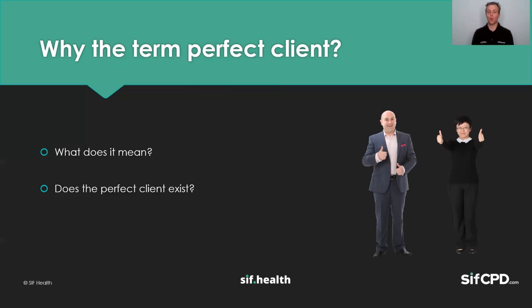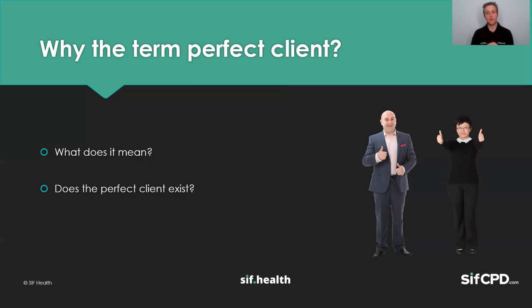So, why the term perfect client? What does it mean? And do they even exist? What it means is those who you get the best results from in the best way. For example, you have a good rapport and they respond to what you say.